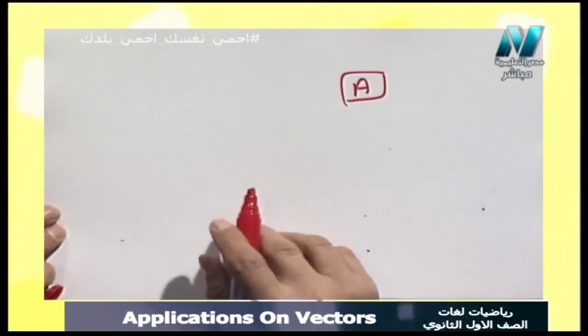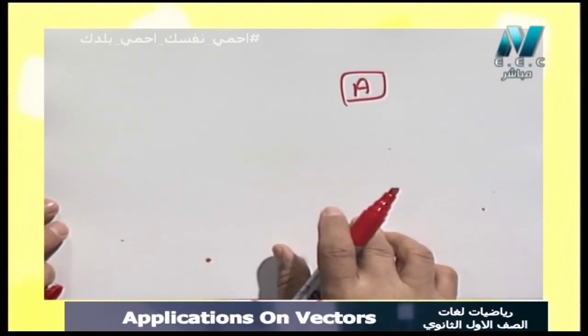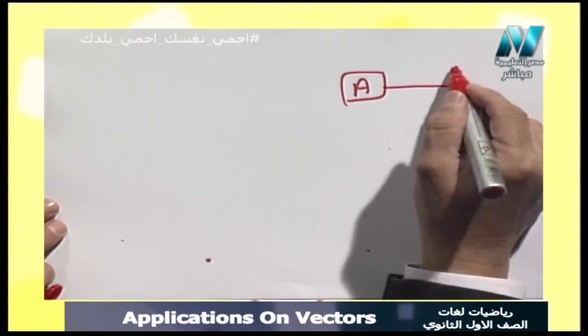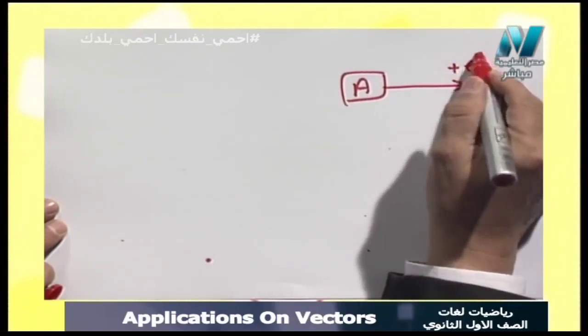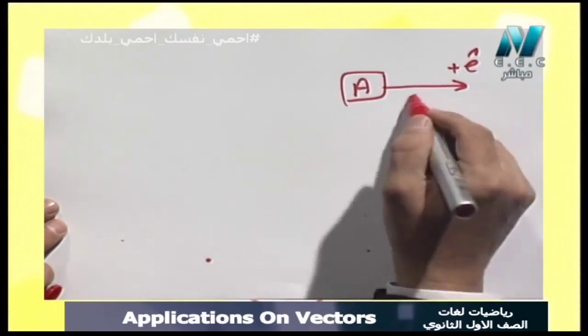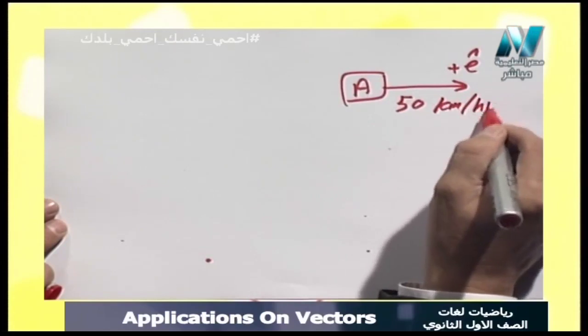So we have here a motorcycle A. This motorcycle moves with velocity 50 kilometers per hour in this direction, which we will consider positive.